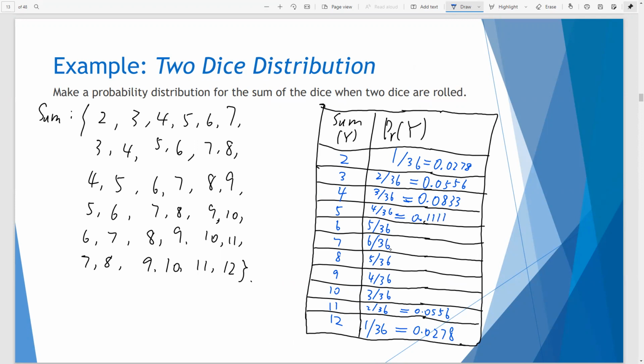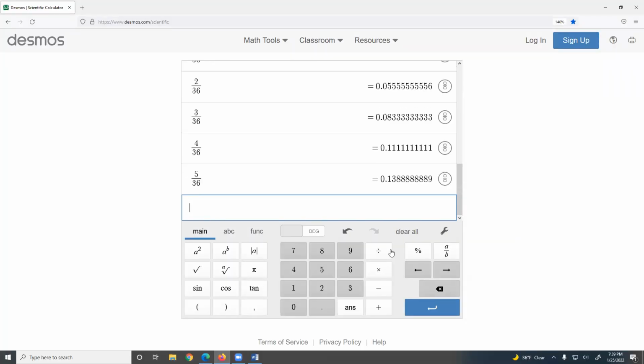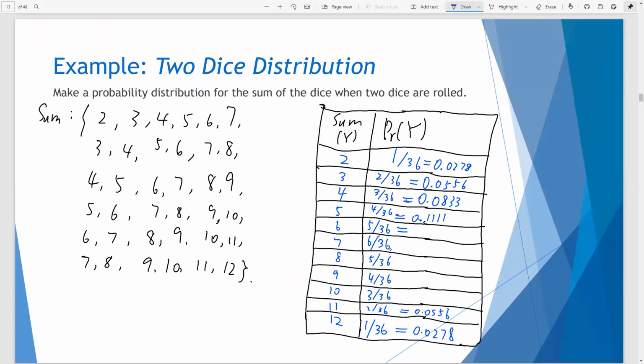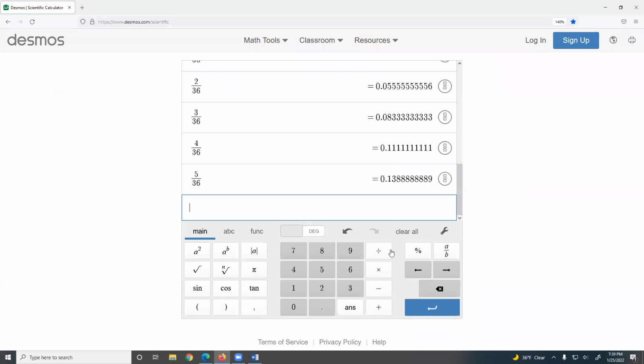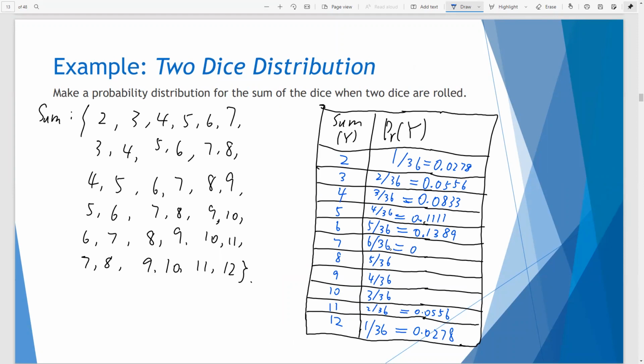Even if you leave it as a fraction, that's also a good idea. 0.138888. 6 out of 36, that's 0.1667, right? And the 5, 4, and 3, and 2 and 1, right?